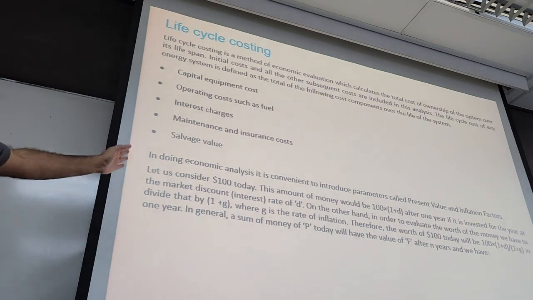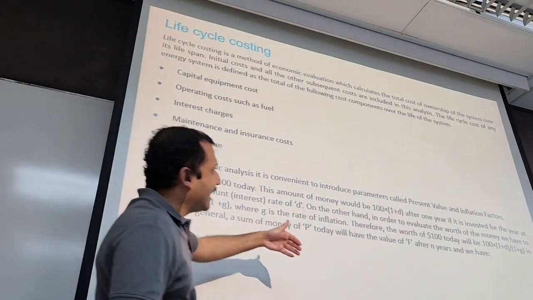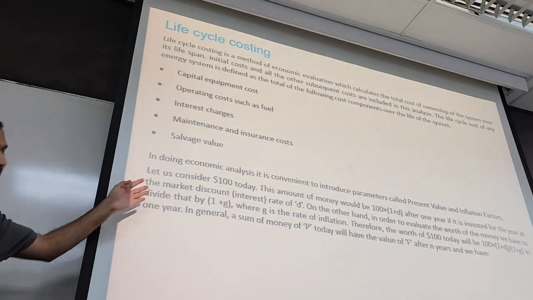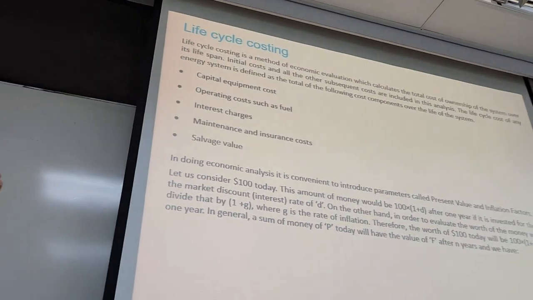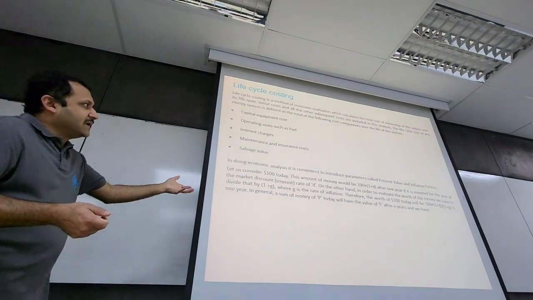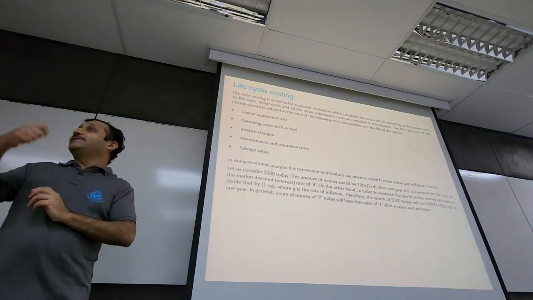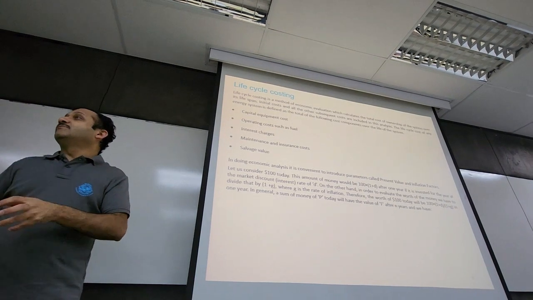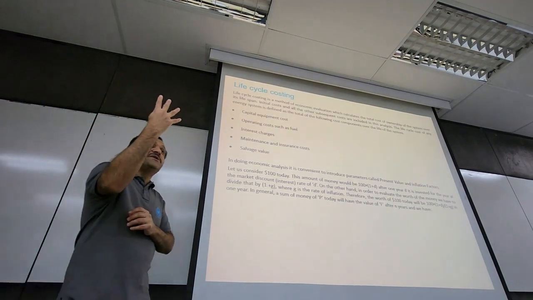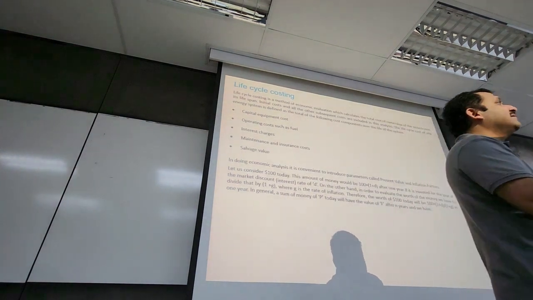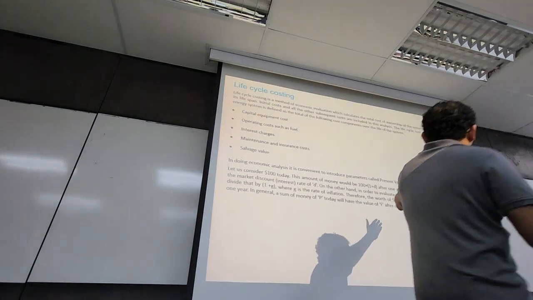So when you're doing economic analysis, what we have to look at is a term called present value. Let's consider $100 today. This amount of money would be, after 1 year, if you put that in the bank and it gives you 4% interest, $104.